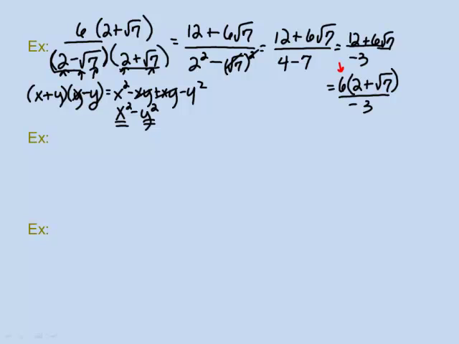And because we have our numerator factored, we can simplify by dividing negative 3 out of top and bottom. 6 divided by negative 3 is negative 2. And our denominator is a 1, and anything divided by 1 is itself. And so our final answer here would be negative 2 times the quantity 2 plus square root of 7.